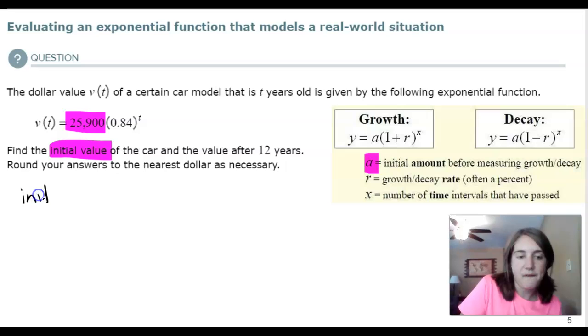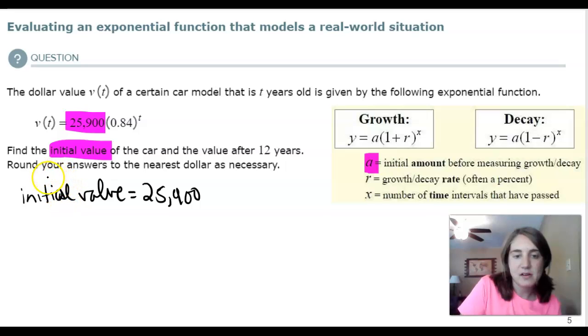So initial value is 25,900. And it wants to know the value amount after 12 years. So I want B of 12.